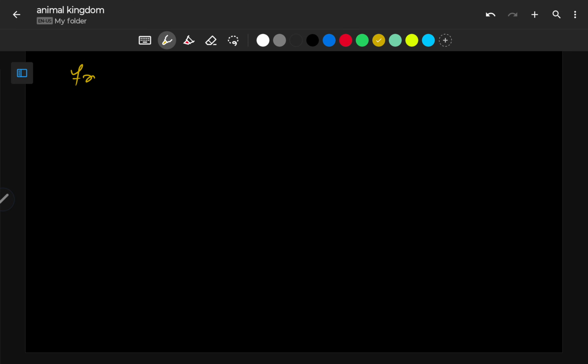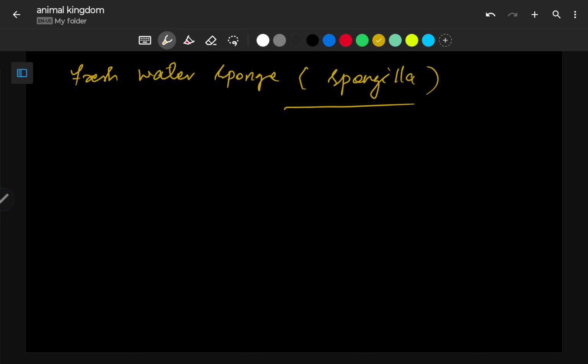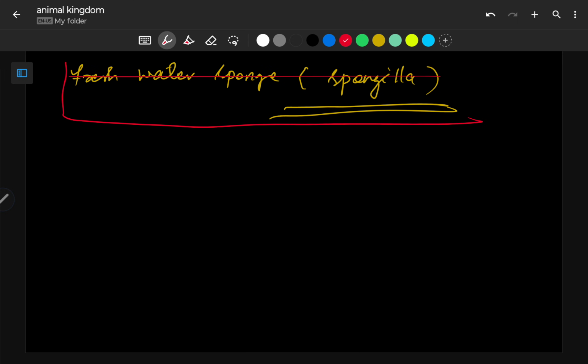So the freshwater sponge is Spongilla. Very very important. It is the only freshwater sponge. Okay. So this is the only freshwater sponge.